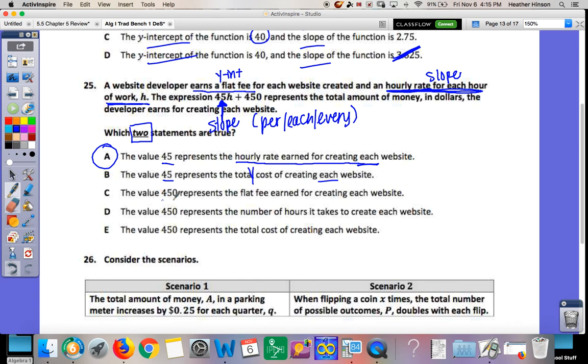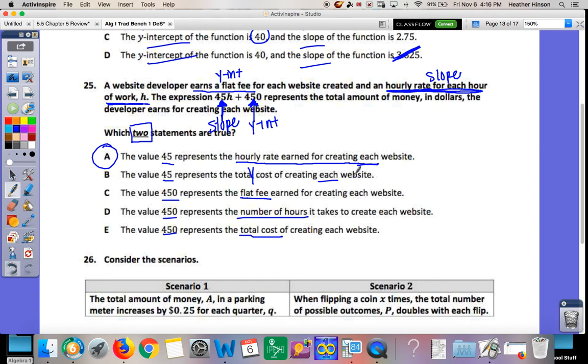Okay, and then let's figure out what 450 is. Is it the flat fee for each website, the number of hours it takes to create each website, or the total cost? What space is it in my equation? It's in the y-intercept space. So is the y-intercept the flat fee? Just for creating the website, he gets a flat fee.